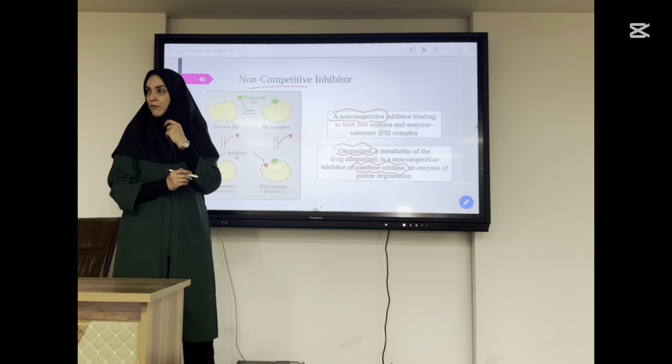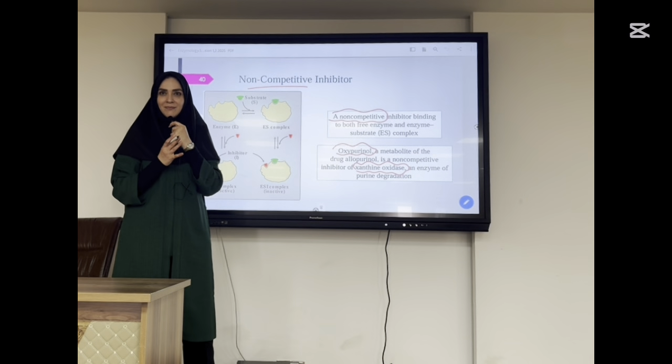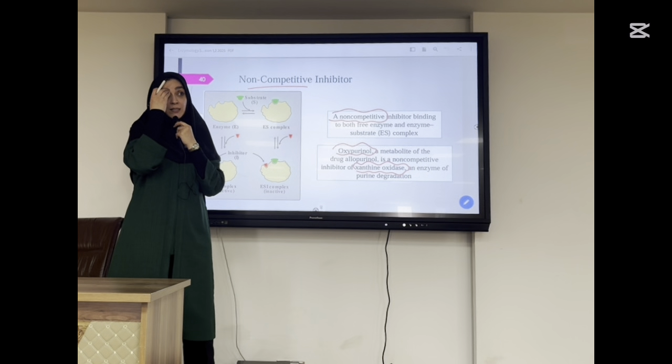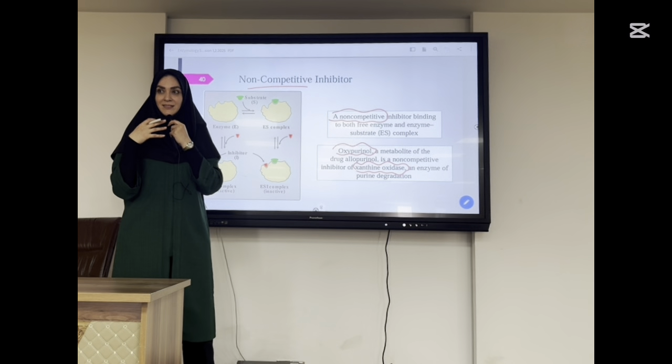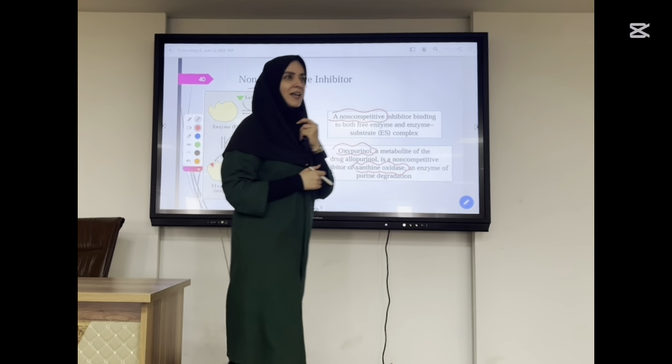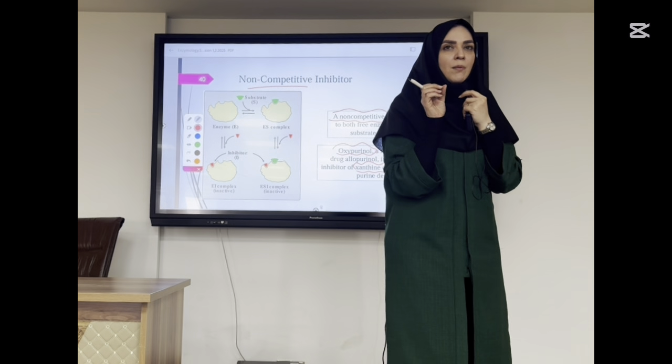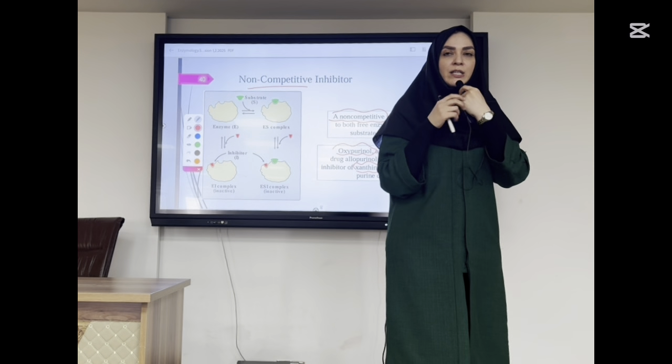Have you heard the name of gout? It's a disease, a luxury disease. It is found in a person who eats a lot of meat. Have you ever heard? In Farsi we say naqres. It is the accumulation of urate inside the joint.